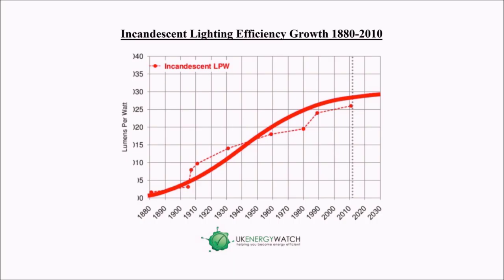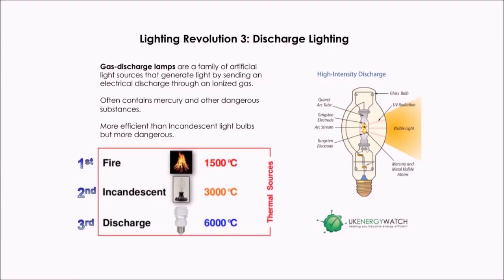So here's a great graph which shows the efficiency growth of incandescent lighting up to the modern day. As you can see, there's a big growth in the efficiency over time, but really around the 60s, it started to level out, and that's where we invented discharge lighting. Discharge lighting is what you see today in most businesses and schools.